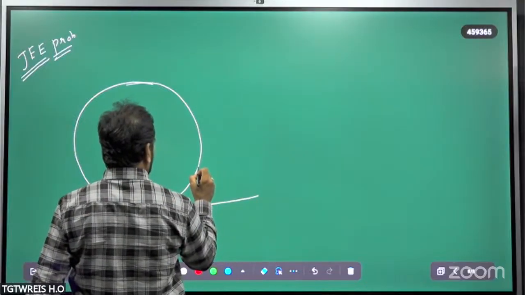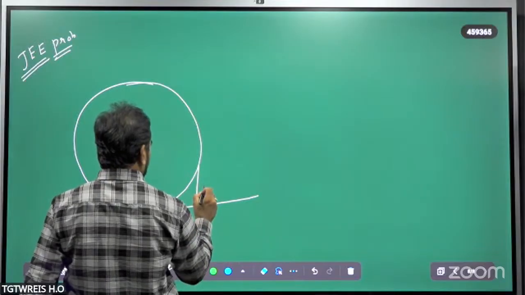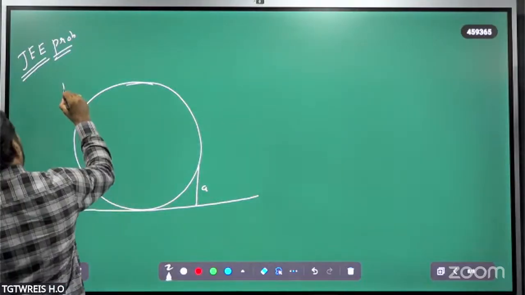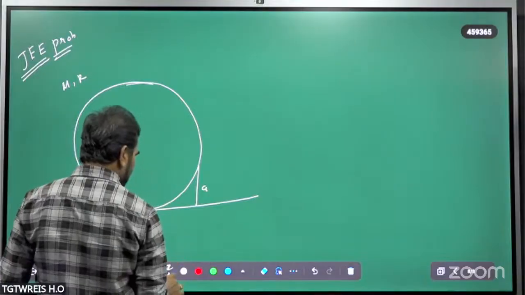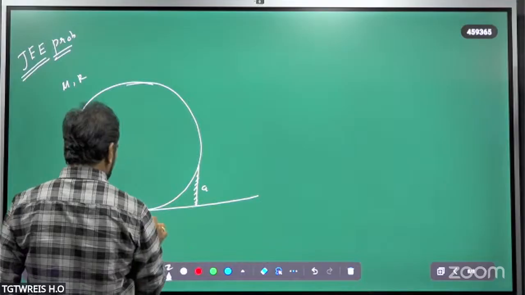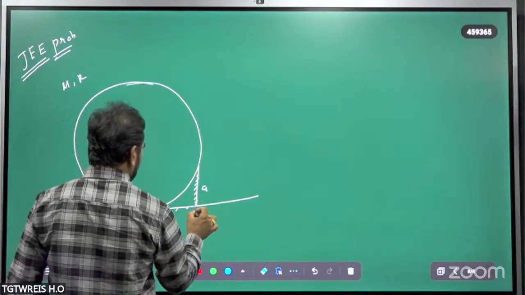The step has a height of h meters, and the wheel has a mass m and radius r. This is a step here, like this, and the wheel is placed on the step.